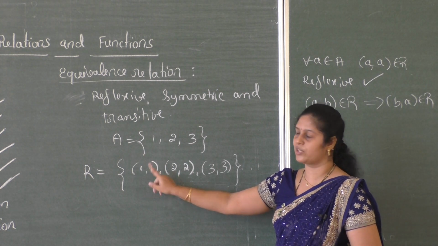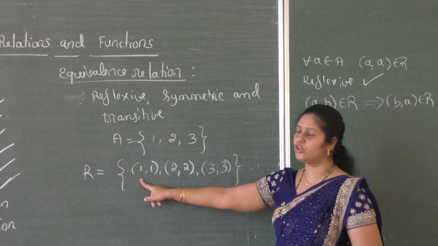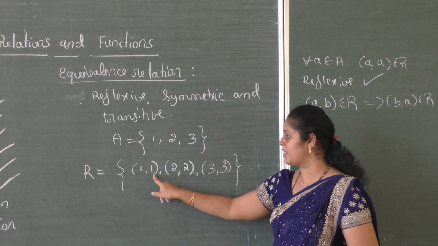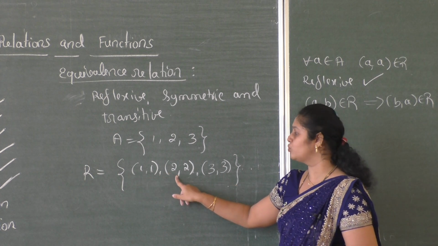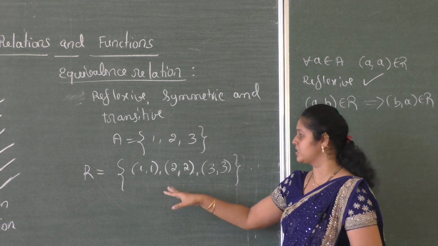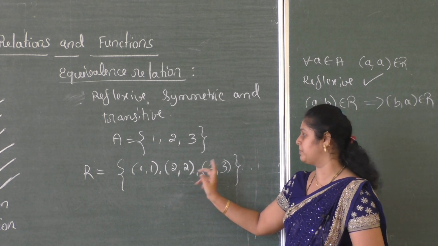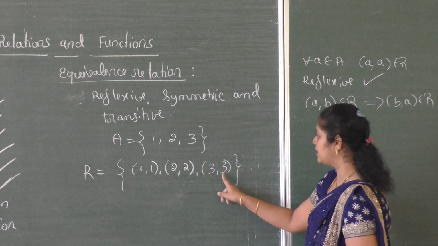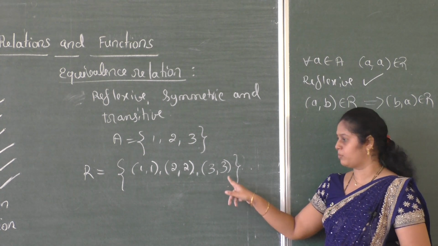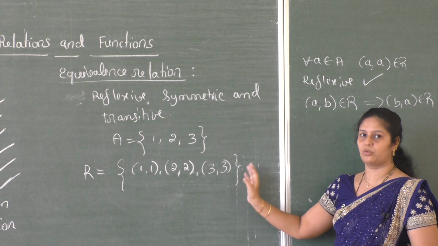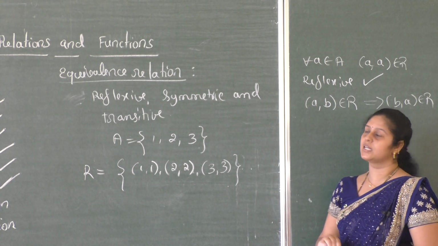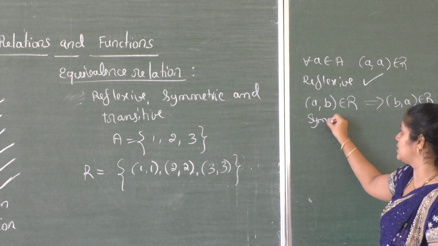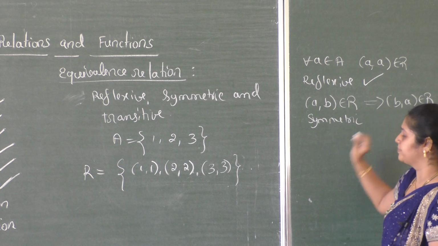That is also the same, (1,1) only. Then (2,2), if you reverse it, is (2,2) only. Similarly (3,3), reversed, is (3,3) only. Therefore this relation is symmetric.